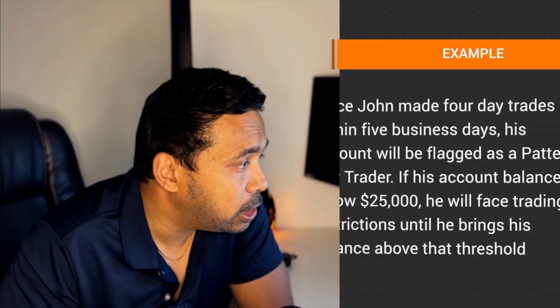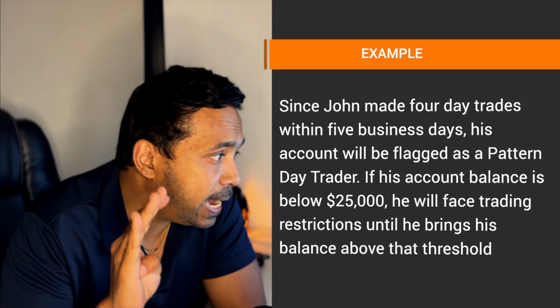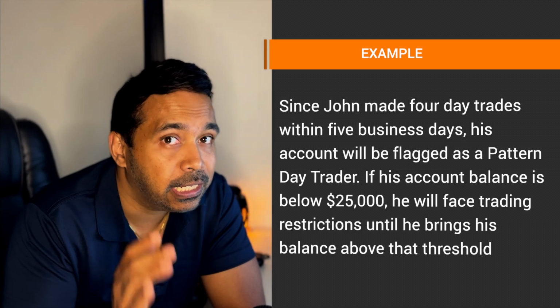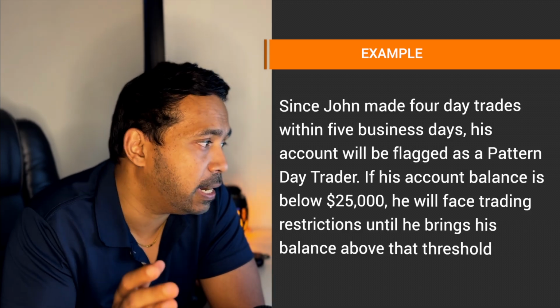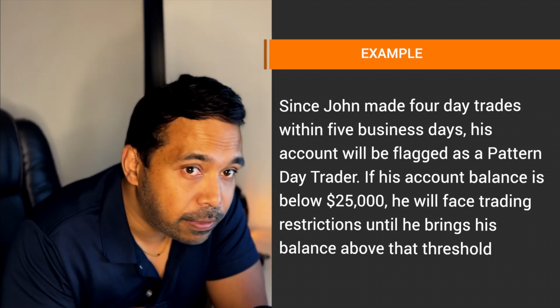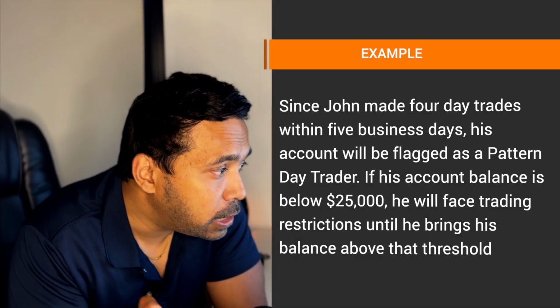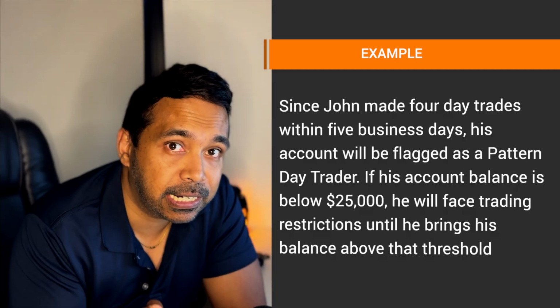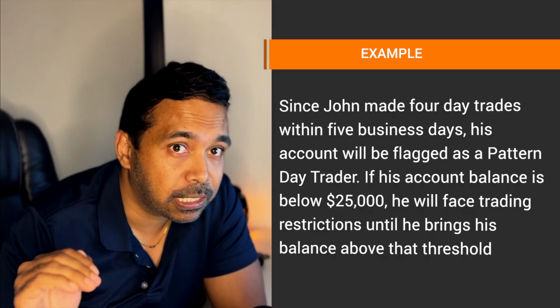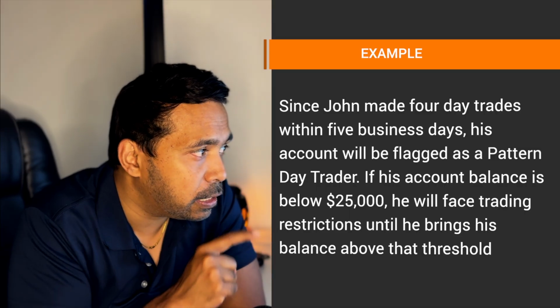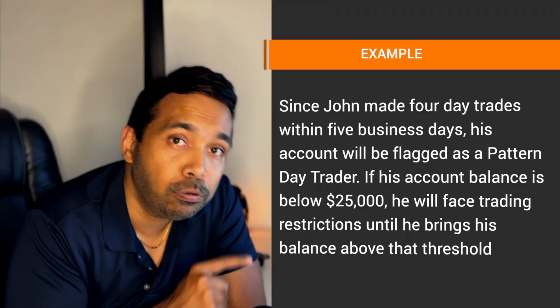Since John has made 4 day trades within the 5 business days, his account is going to be flagged under the pattern day trade rule. And if the account balance goes below 25,000, he will face trading restrictions that we are going to discuss later in this video. But I wanted to explain how this rule works.